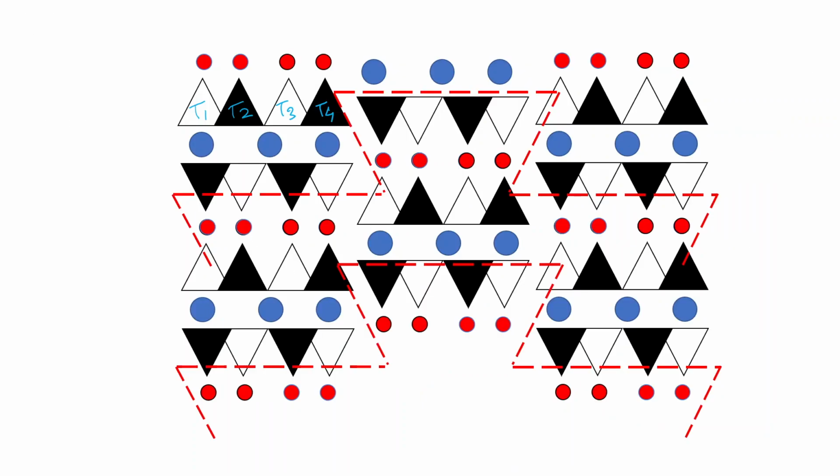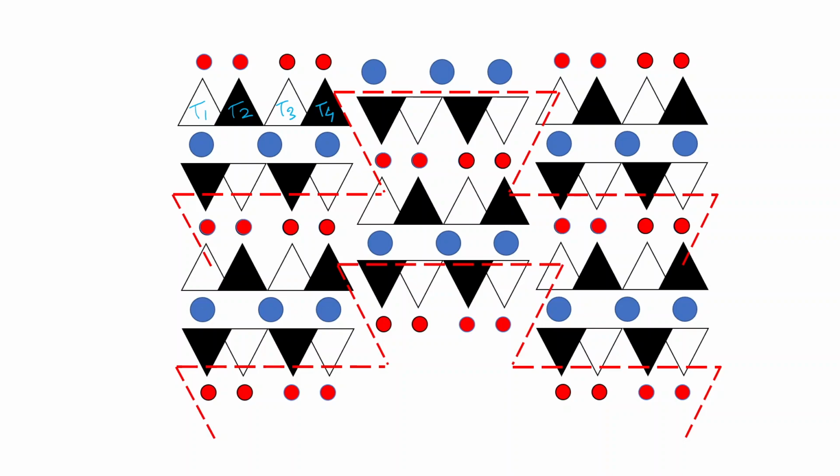So we have these double chains, and once you look at the cations which are linking the apex over here, it has some cations, while where the bases of the tetrahedra are aligned, we have some more cations or the void spaces over there.